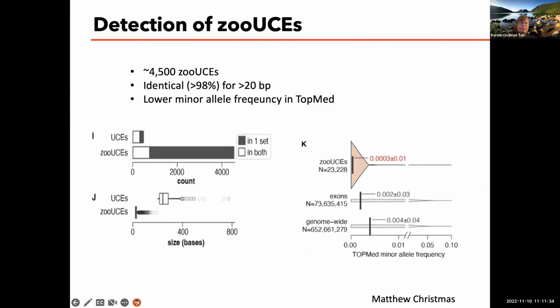Here we expanded this analysis to look at elements that are more than 20 base pairs and are identical in more than 98% of the species. This means that we now find some 4,500 zoo UCEs, many of which are likely to be highly conserved enhancers. We also see a lower minor allele frequency in TOPMed for these elements.